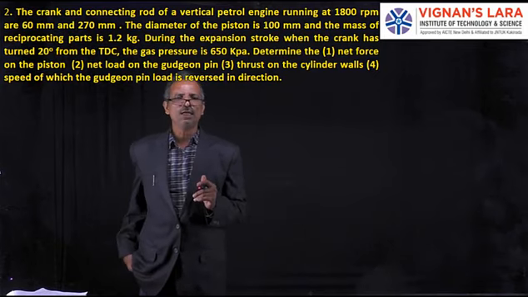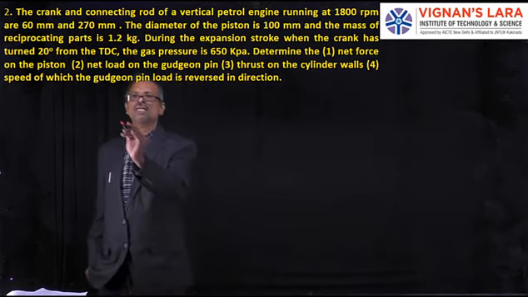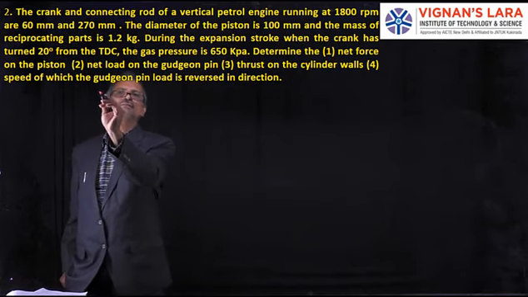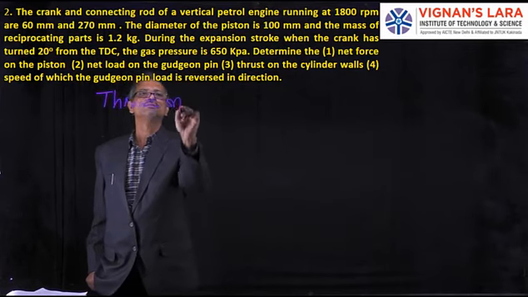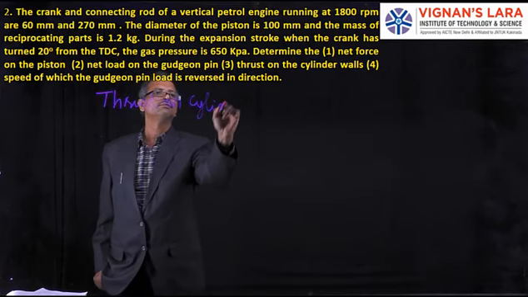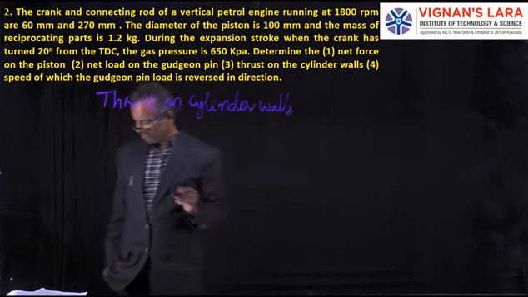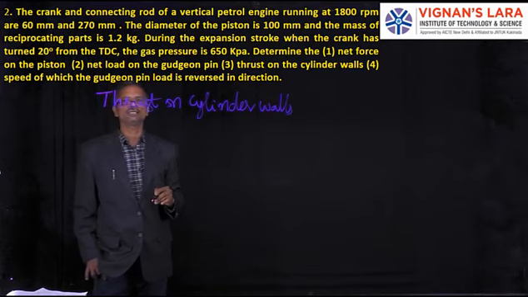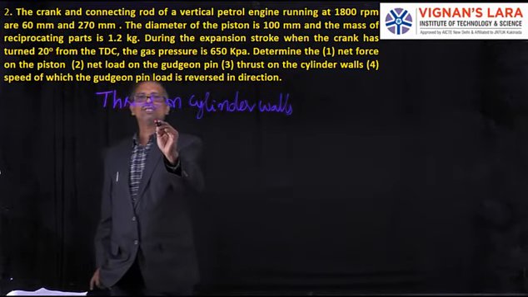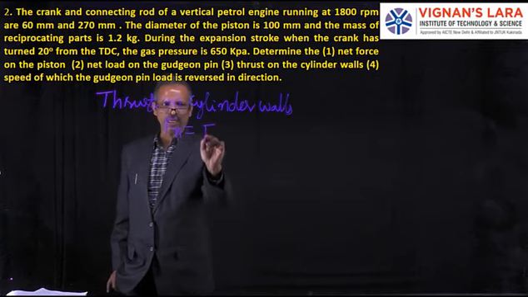The third part of the problem is the thrust on the cylinder walls. So what we defined in the derivation part, the thrust on the cylinder walls, that is Fn. Fn is F tan beta.